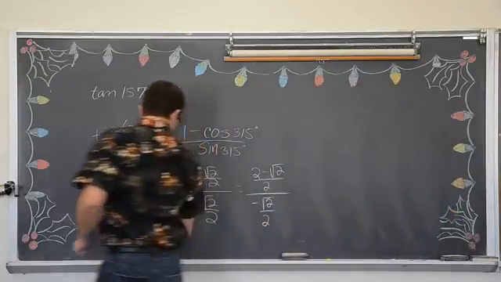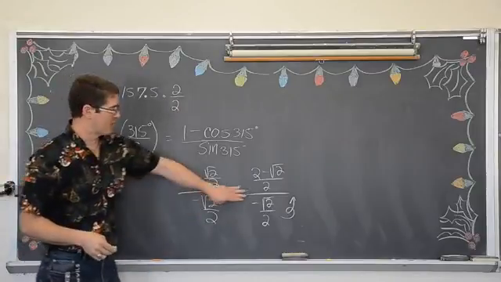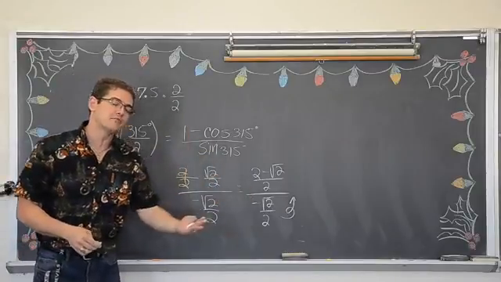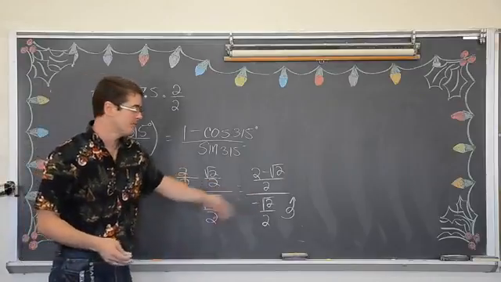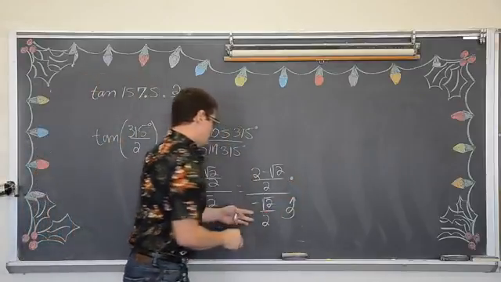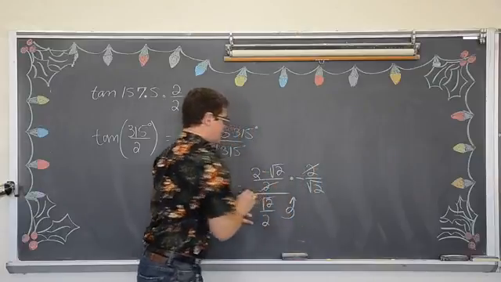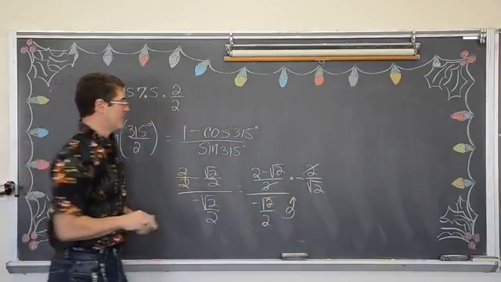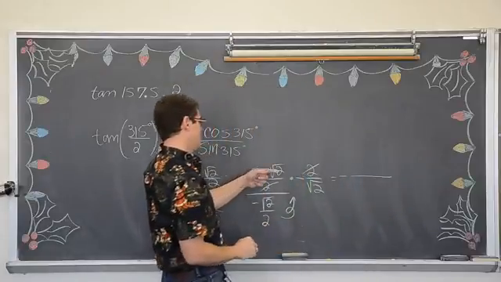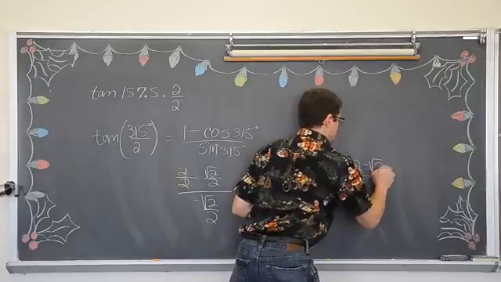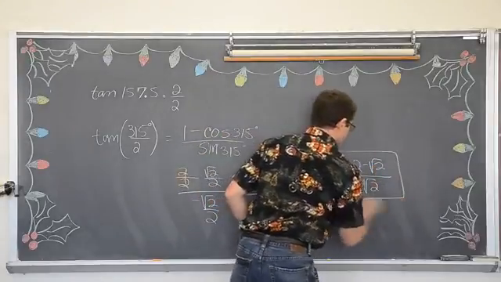And we're going to take that denominator and flip it up, because we are dividing, and there's no such thing as dividing fractions. You multiply by the reciprocal of the second fraction, or the denominator. And that's going to become negative 2 over the square root of 2. So those 2's are going to cancel out, and our final answer is going to be negative 2 minus square root of 2 over square root of 2.